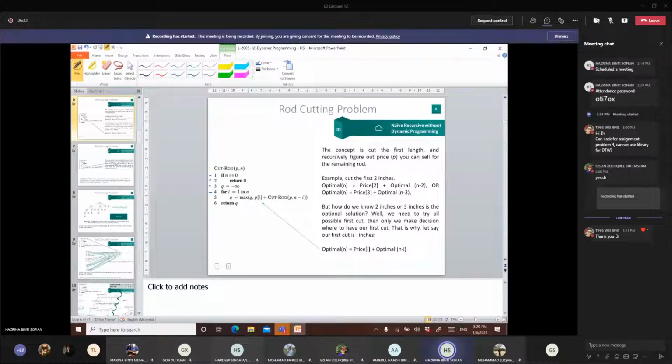Okay. So for the first, for i equivalent to 1, right? Then we are going to have to do this line whereby it will call this function again.